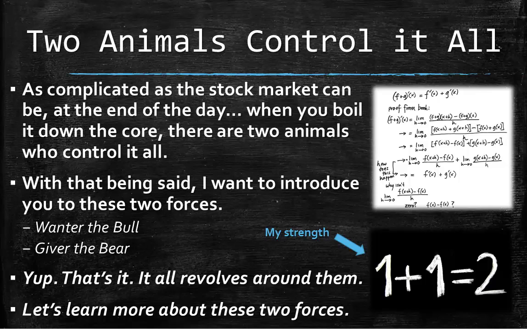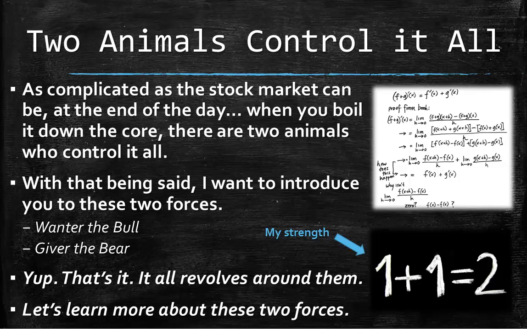As complicated as the stock market can be, and yes, it can be complicated in terms of all the functioning, what makes it go up, all the different components of it. There are some very complicated things that are a part of it. Derivatives, just one little example there. But when you boil everything down, it really just breaks down to these two animals.